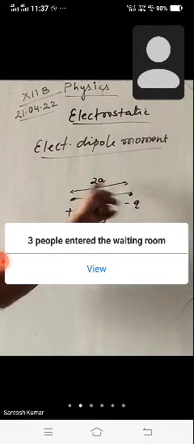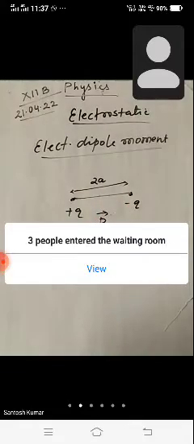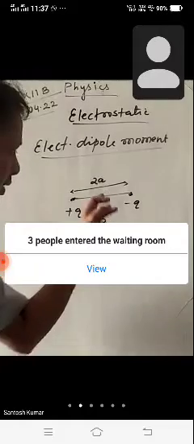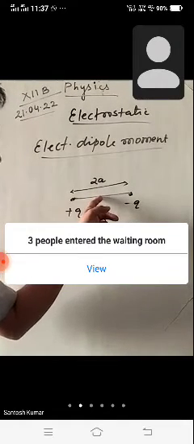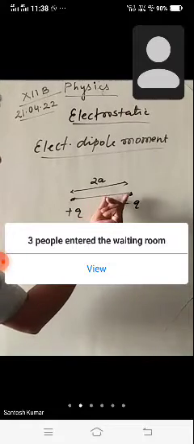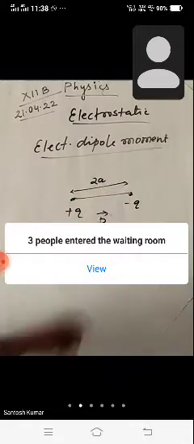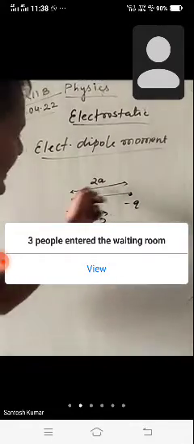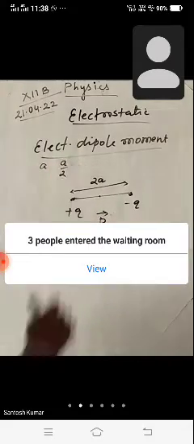Just see why 2aQ. Why has the distance been taken as twice of a? For convenience, when we do the mathematical calculation later, the midpoint, the center point between these two charges, will simply be a. If you take the distance as a, then the midpoint will be a by 2.